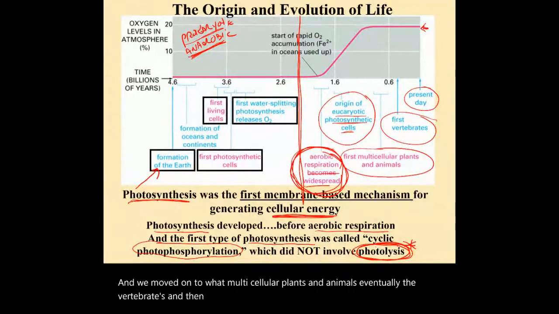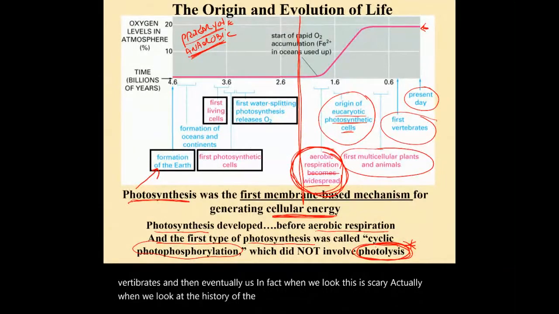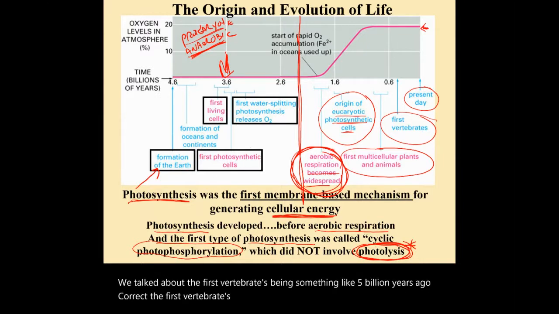In fact, this is scary actually, when we look at the history of the Earth, and even the history of life starting back over here, all of this time, we talk about the first vertebrates being something like 0.5 billion years ago, correct? The first vertebrates. Where the heck is the first Homo sapiens? The first Homo sapiens would be right over here.